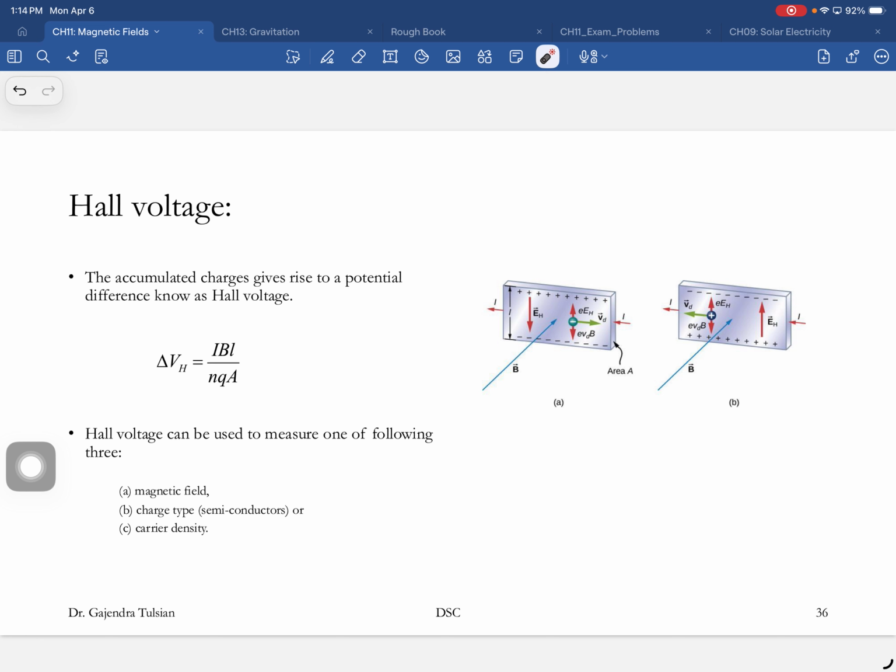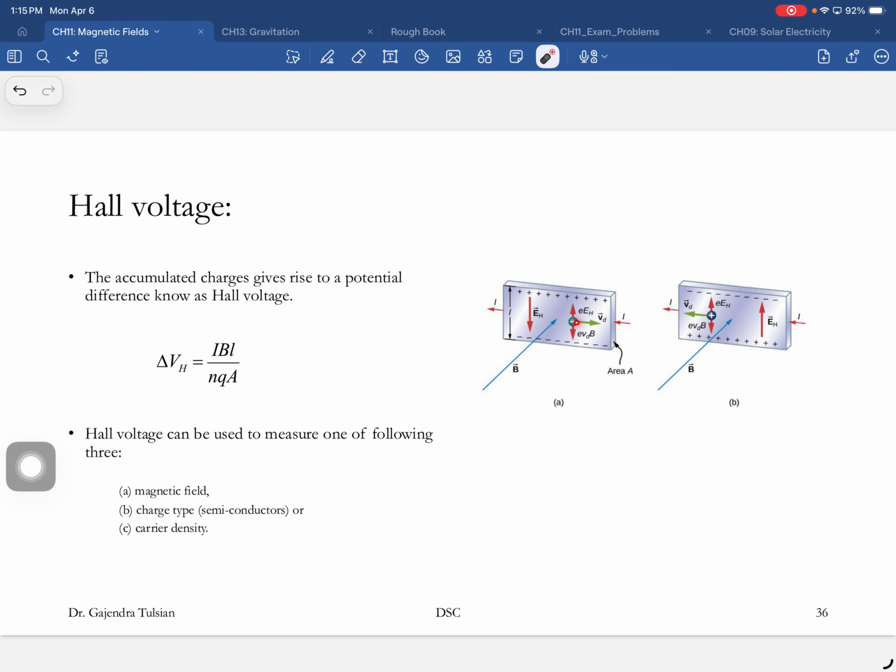In steady state, when you pass a current in the presence of a magnetic field, a voltage perpendicular to the direction of the current develops. And here is the same current, if the charge carriers are positive, the positive charges will collect over here.